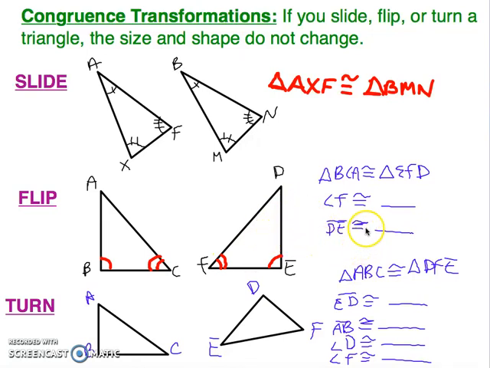And lastly, angle D and angle A have to be congruent. So we can mark those. Notice the congruency measures.